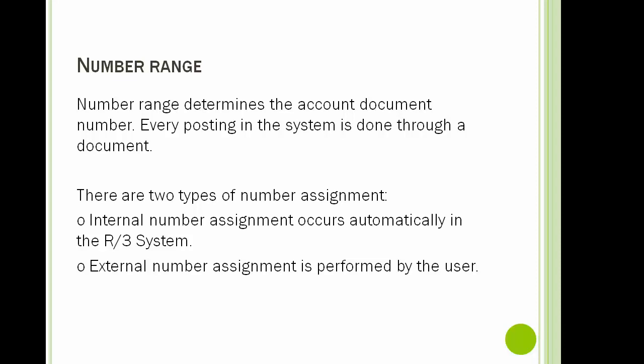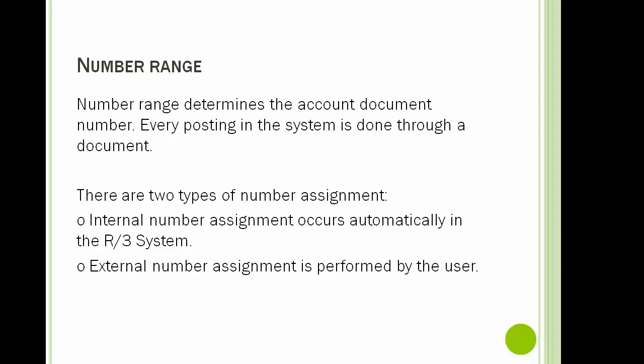The process by which numbers are allocated to business objects. There are two types of number assignment. One is internal number, where we define a range to the system, and every time a document or a business transaction takes place, the system automatically gives you a number for the same, and it cannot be repeated in any case.